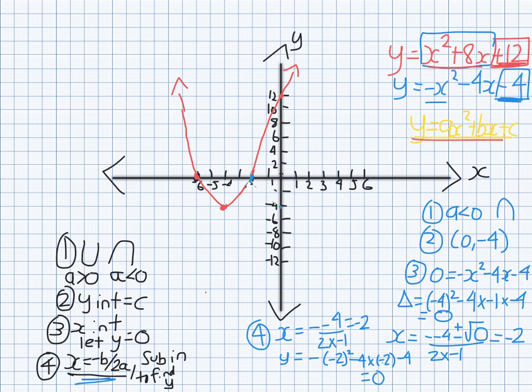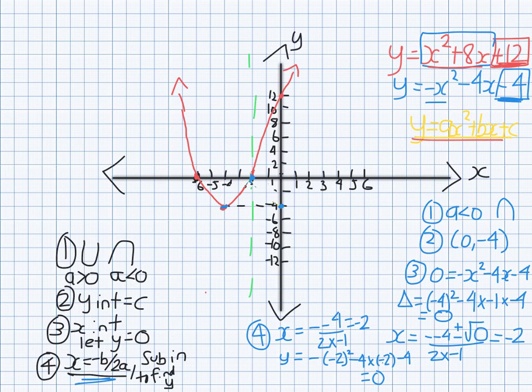As I said before, if you've only got 2 points like I have here, I need to find a third one. I know that this is going to be the axis of symmetry, so I can use that. Because it's symmetrical about there, it's going to go through this point here, because this point is symmetrical to the y-intercept.